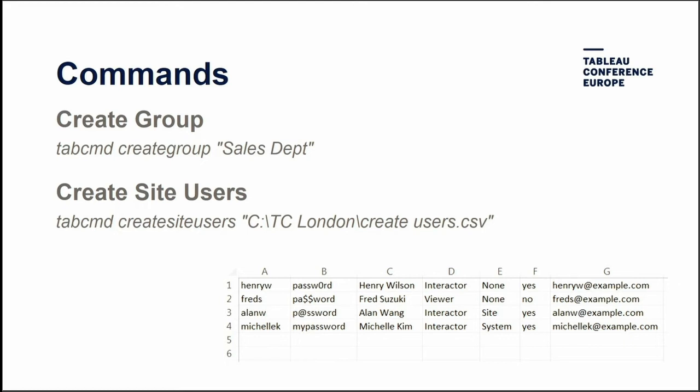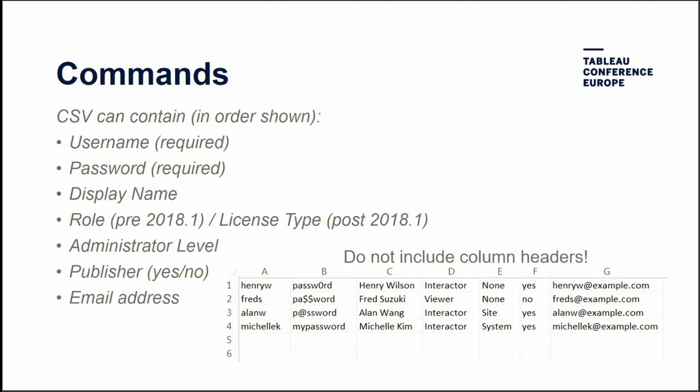So you've got username, password, their name, their role type, whether they're an admin or a site admin, and then do they have publishing rights as well. So the definition of all of these I've defined here so that you can see.